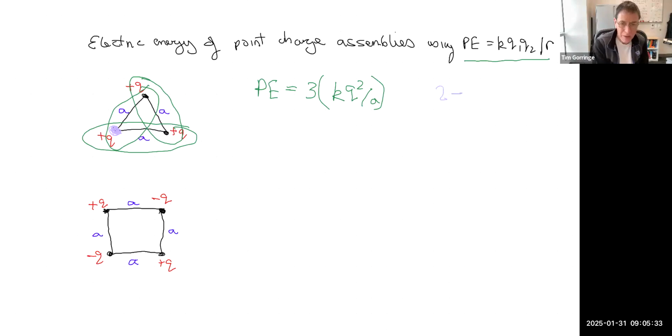I've identified two pairs. Let's move on to a second charge and ask how many additional unique pairs there are interacting with that second charge. I picked this one downstairs here on the bottom right. I can see two pairs that involve this one. There's the pair with the one upstairs, and there's the pair with the one on the left. The pair with the one upstairs is a new unique pair that we haven't discussed before.